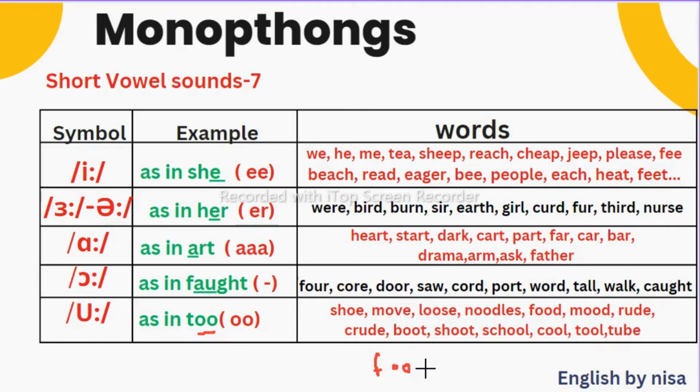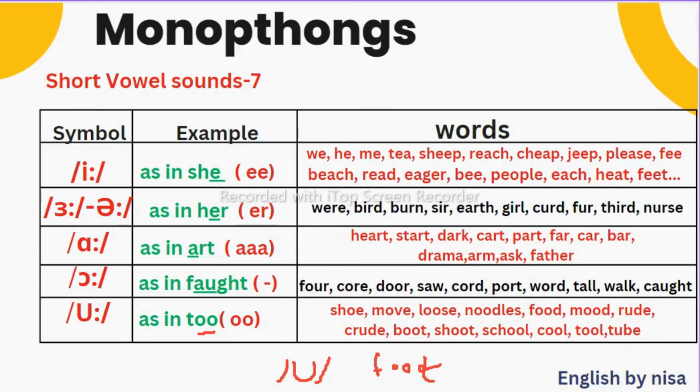Even though there is a double O here, if you get this symbol without dots, you have to pronounce it very fast because it is a short vowel. Foot, it's foot. But here food, mood, rude. Again you are not seeing any double O here, but we are not concerned about the spelling, only the pronunciation. Remember this: in your exam, do not look at the spelling but the pronunciation.